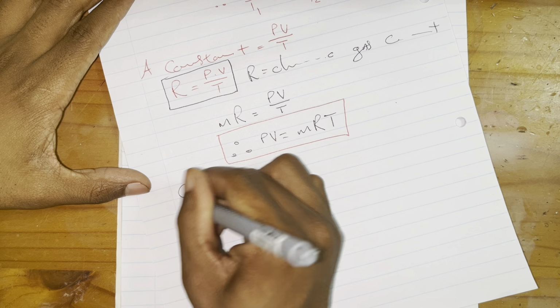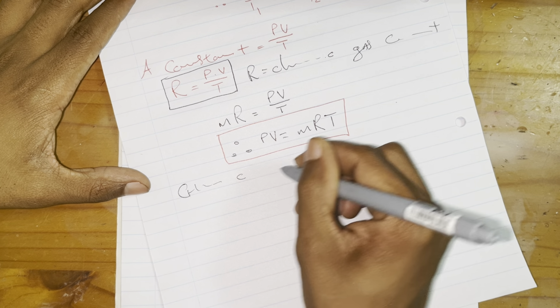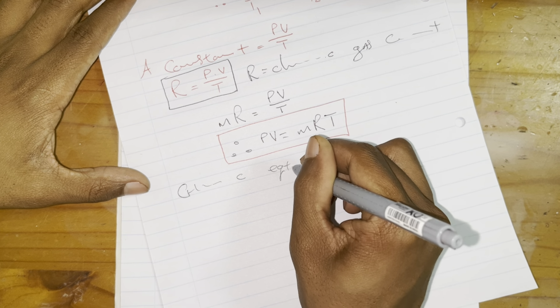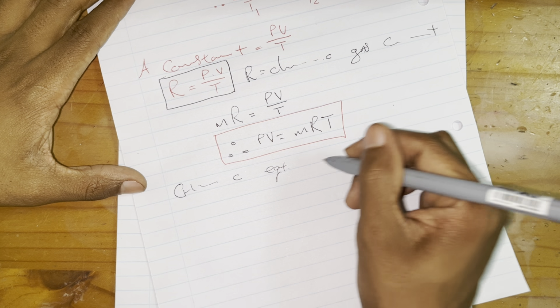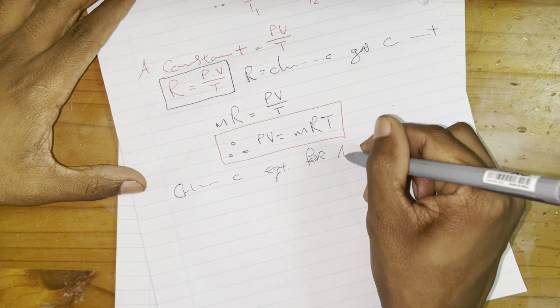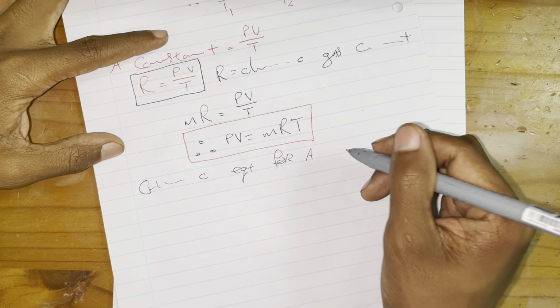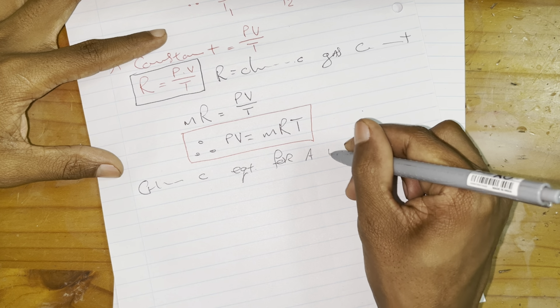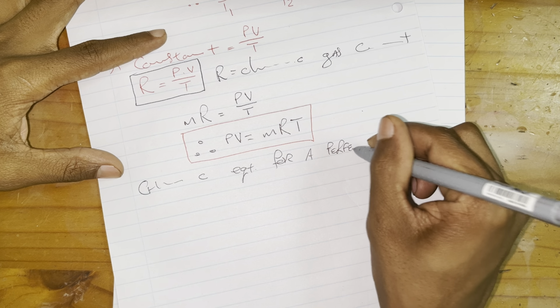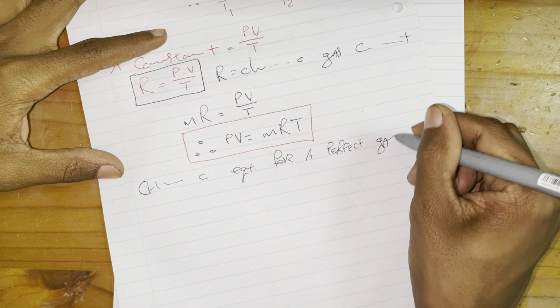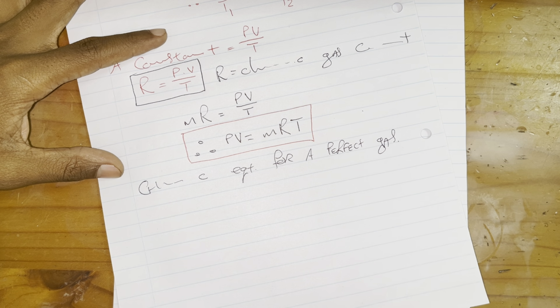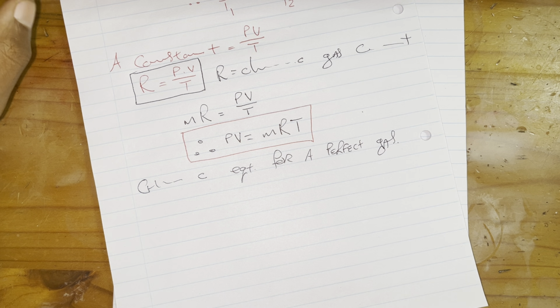So now we are going to say here, characteristic equation for a perfect gas. Right? So now we have that.